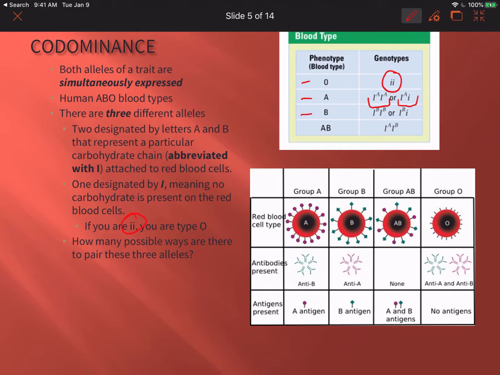Same thing for B, homozygous for B, and a parent that gave you O blood. And then you could also have a parent give you type AB blood, and that would be from an AB parent or a type B or A parent. So there are 4 blood types, and these are the genotypes for them. The phenotype will be the blood type here. The genotype will be the actual genetic information that they have.